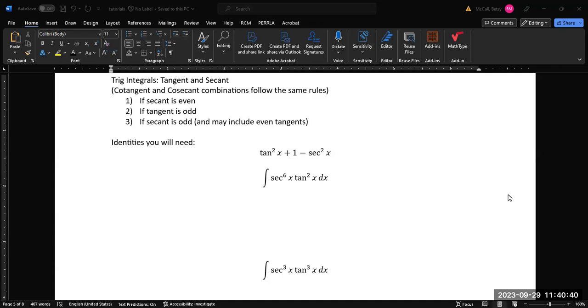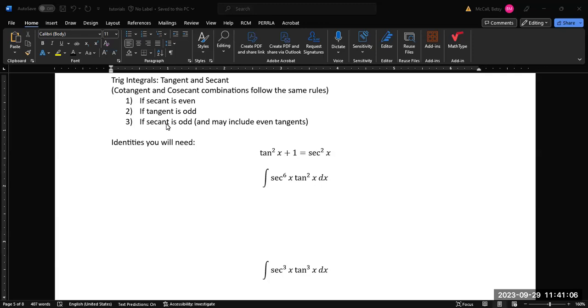And then our third case is if secant is odd. Now this may involve even tangents, or it may be secant is odd by itself. In that scenario, we're going to have to do integration by parts in order to make this work, but we will be able to get something.